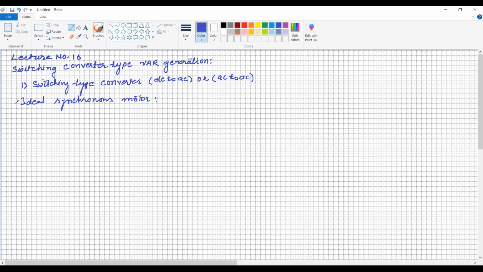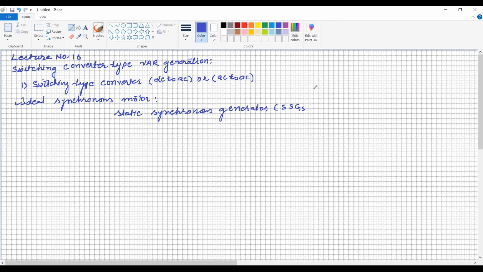Now, if the same function can be done with the help of a static switching type converter, then it is called a static synchronous generator, or SSG. So a static synchronous generator is operated without any storage and with appropriate control to function as a shunt connected reactive power source.